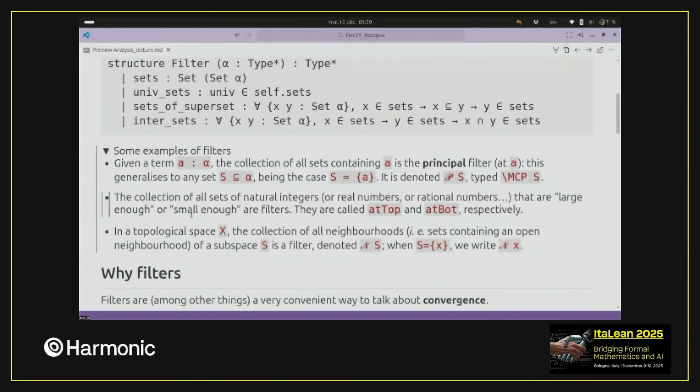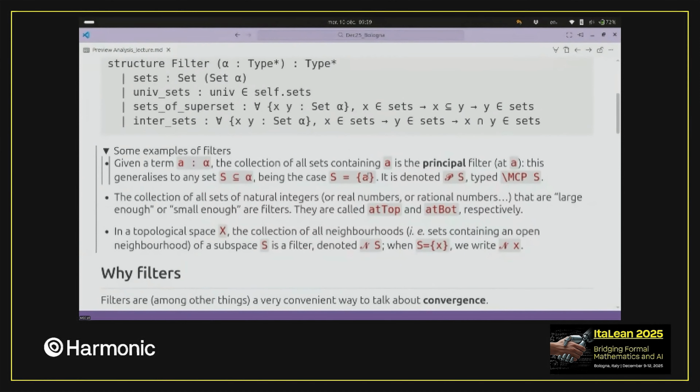So typically, if you consider all prime numbers up to 100, and then all the rest, this will not be the whole set of natural numbers, but since from 100 on you are considering everything, this is a filter. And we will see in a while why this is very useful. It's a very useful filter. It's called atTop. And it exists, again, for every order type.